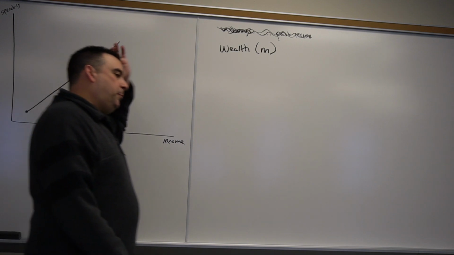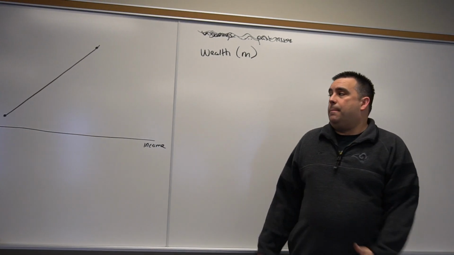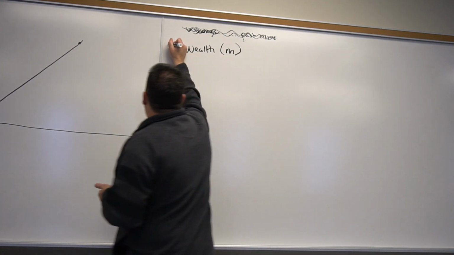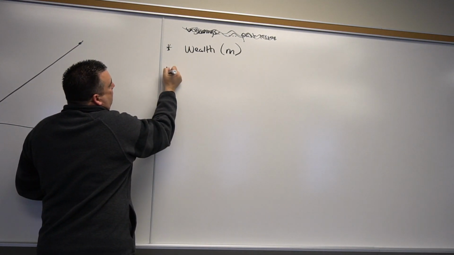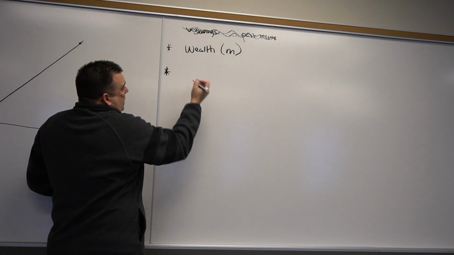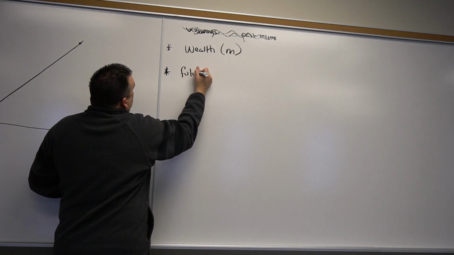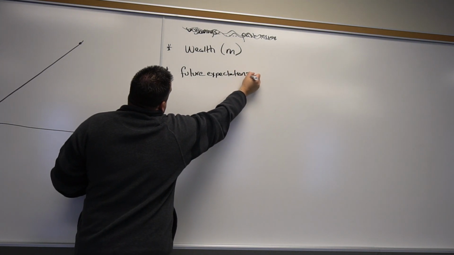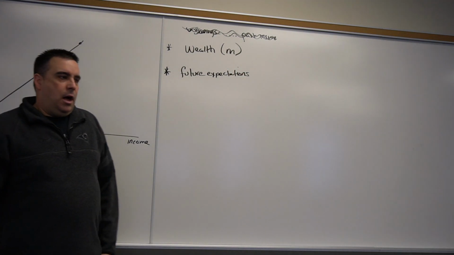Okay, I definitely think we've got the two big ones that maybe impact spending. There also, by the way, could be a couple of other ones that impact spending. Maybe something like future expectations. Yep, totally seeing that right now.